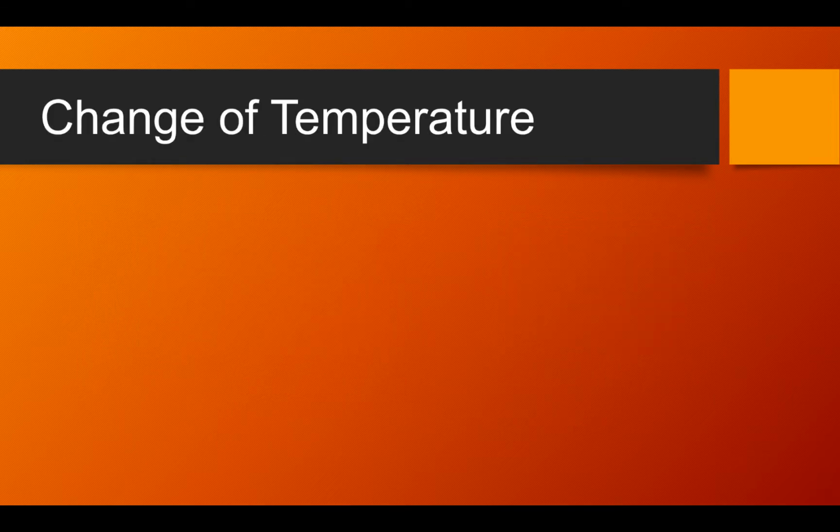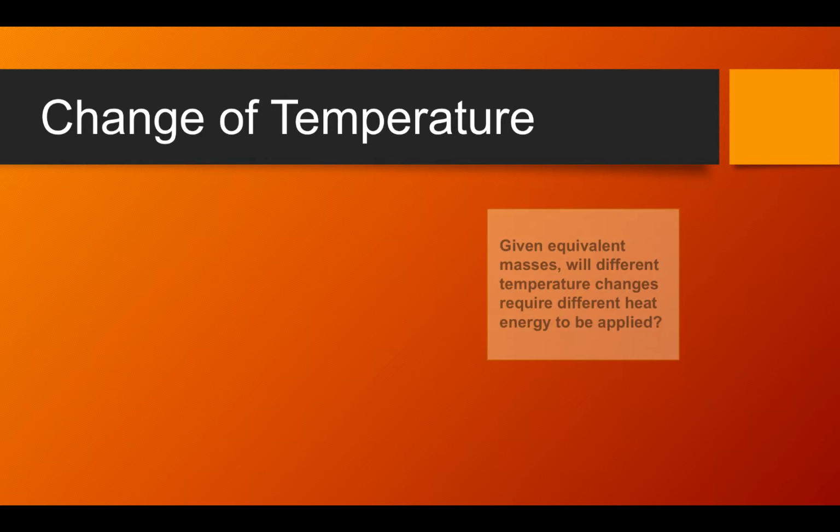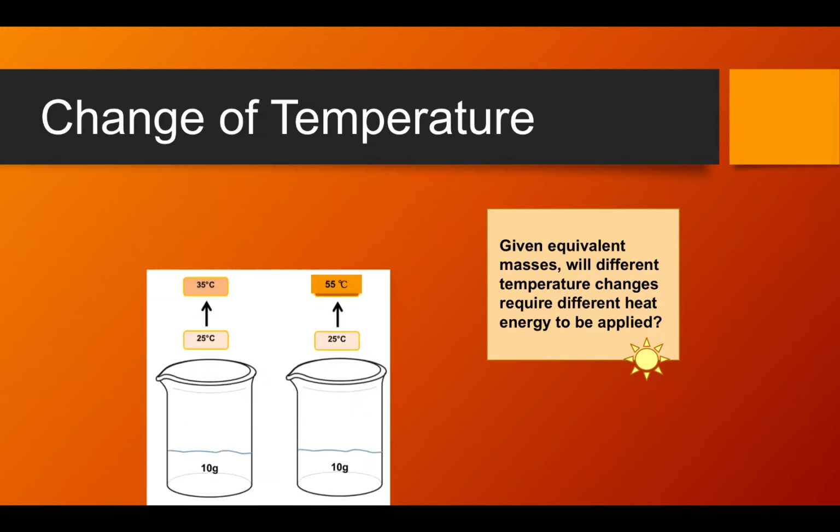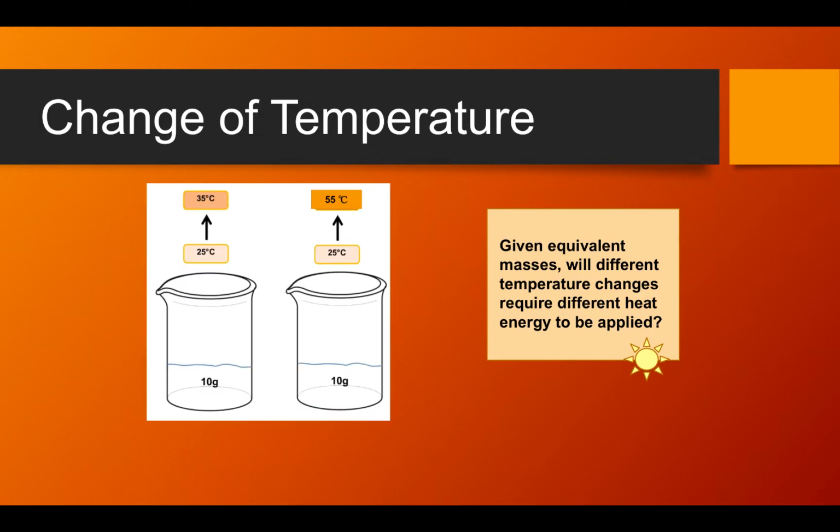Now let's talk about change of temperature. Given equivalent masses, will different temperature changes require different heat energy to be applied? Let's take another look at another example. Assume we have two beakers to start with, both with 10 grams of water in each.